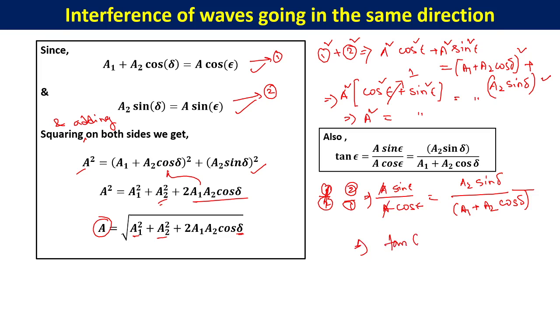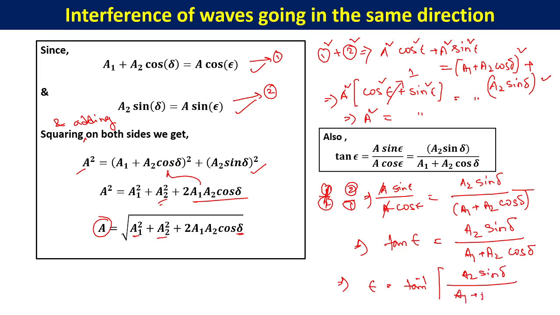So tan epsilon is a2 sine delta divided by a1 plus a2 cos delta, and ultimately I can write epsilon equal to tan inverse of a2 sine delta divided by a1 plus a2 cos delta. So this is my epsilon.